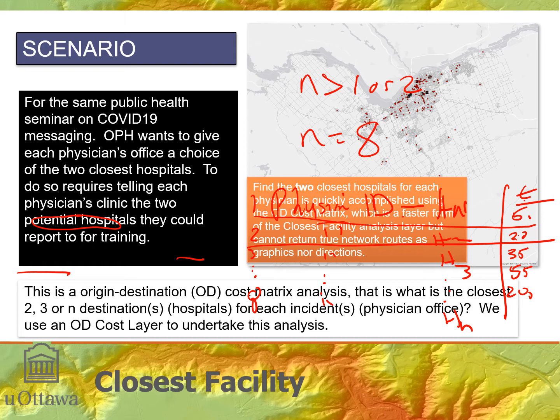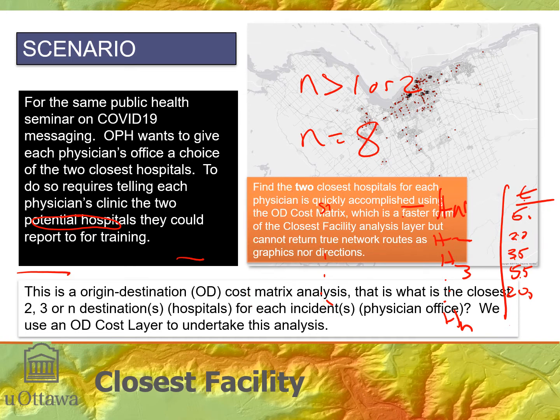So 5 minutes, let's say 20 minutes, 35 minutes, 55 minutes, 200 minutes, up to the 8th one. And so it gives a complete set of distances for every physician to each hospital. And then you could choose from there. I'm just interested in the first 2, so I'll just choose the first 2 items for each physician ID, just using a query, for example, if you wanted to.